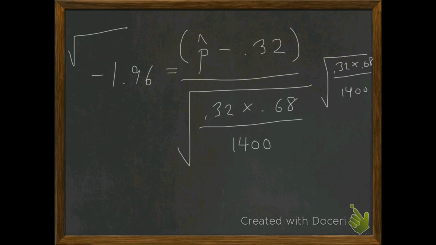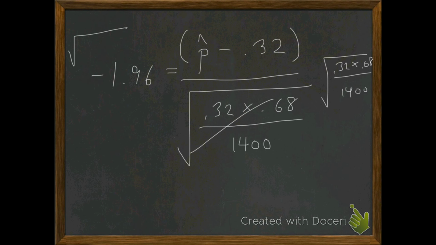So I'm going to get negative 1.96 times the square root of 0.32 times 0.68 divided by 1400. And I get negative 0.0244.